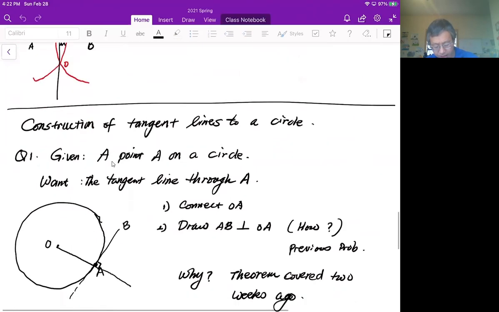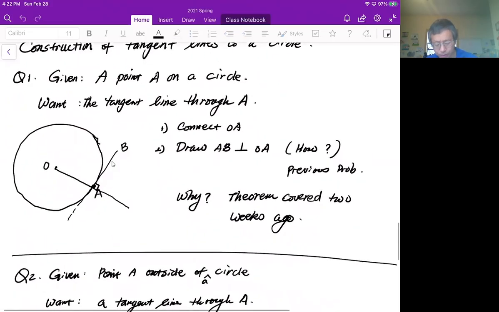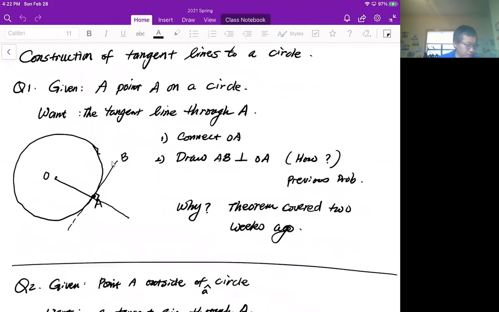And then we go to the tangent line to the circle. Let's think about that. How to get the tangent line to a circle?